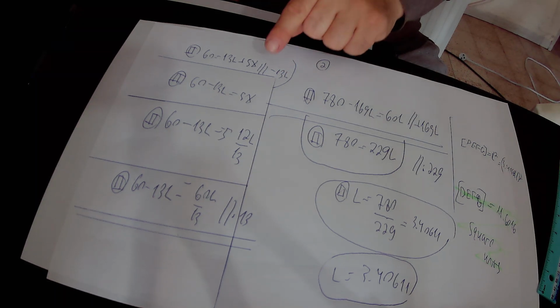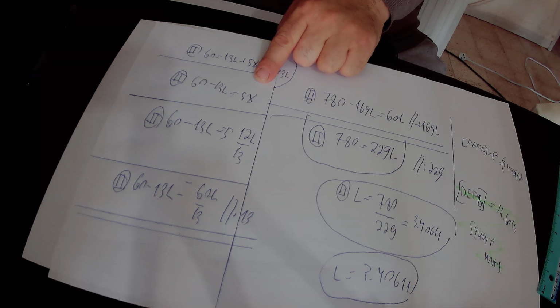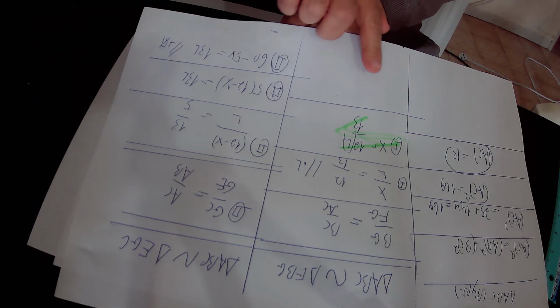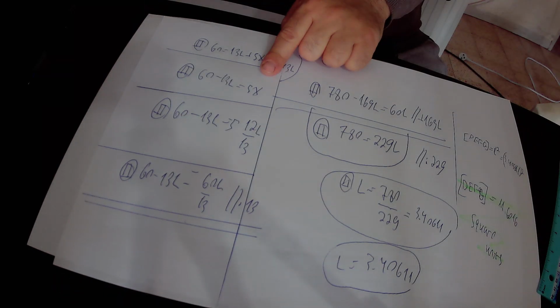So here we substitute x by the value of x that we found in equation 1. According to equation 1, x equals 12L over 13. So we substitute x by 12L over 13.